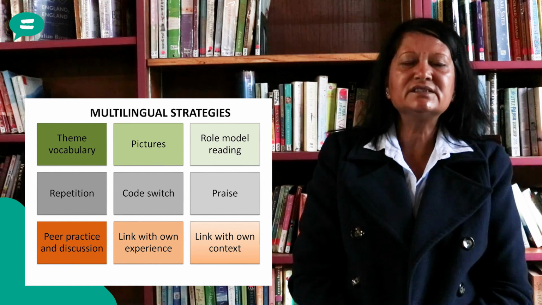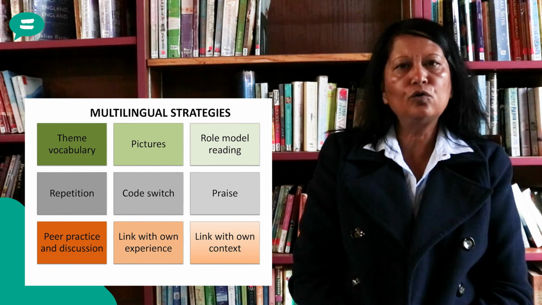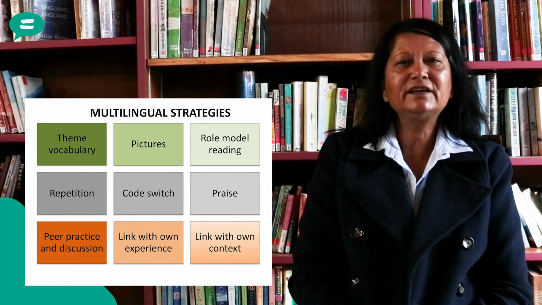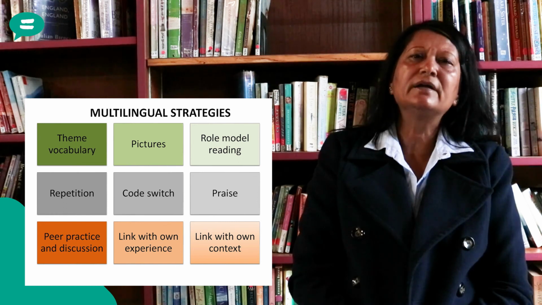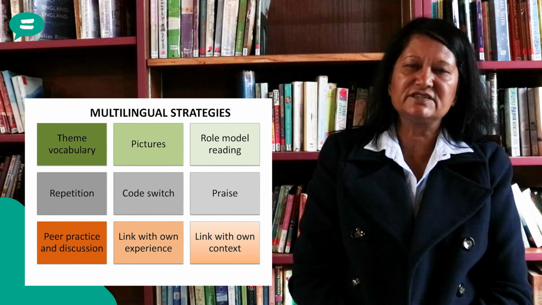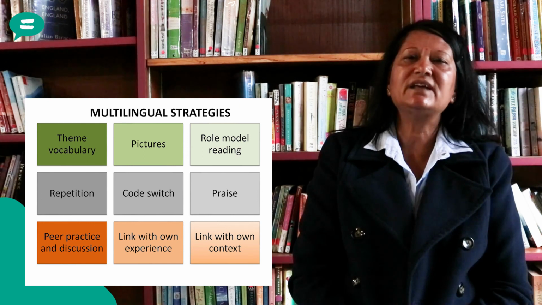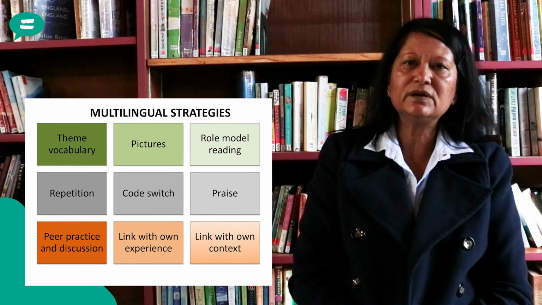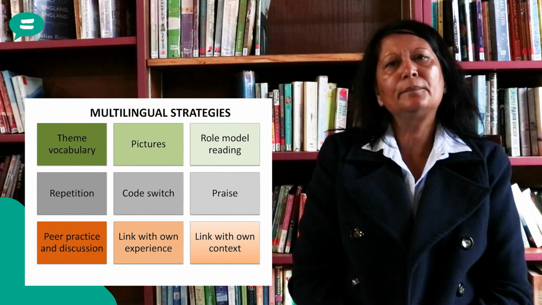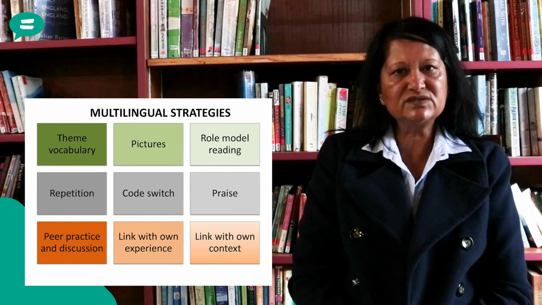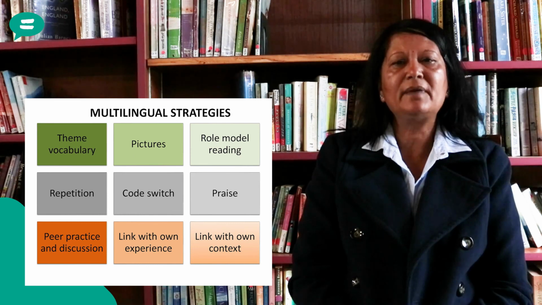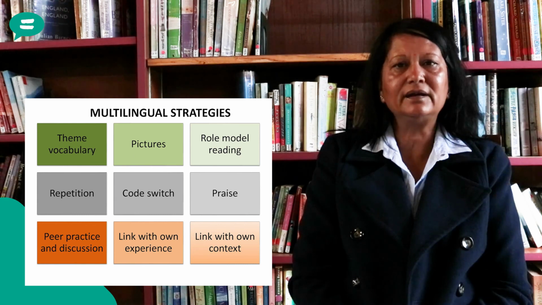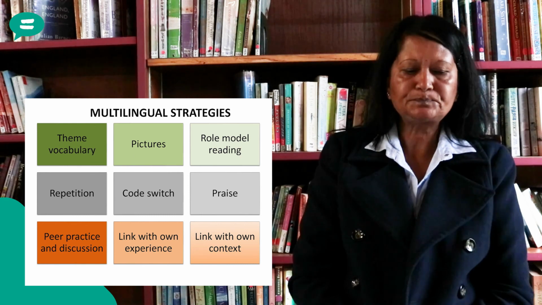Children listen to the teacher role modeling reading and can also mimic the good habits of the teacher. A repetition of certain activities, like the first read and the second read, are also important strategies for multilingual learners. Praising learners when they do something well goes a long way to affirm them and make them happy while they are learning a new language.